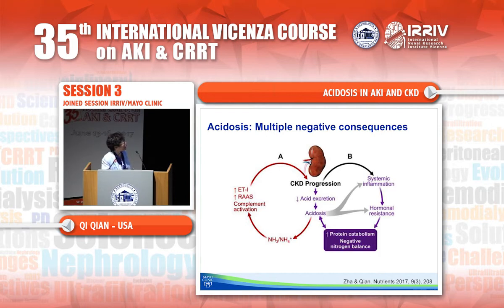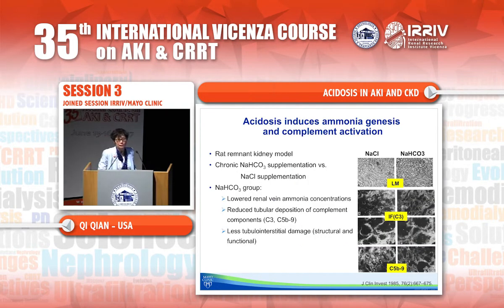Not only promoting CKD progression, but also contributing to multiple hormonal resistance, insulin resistance, growth hormone resistance, and altogether causing increased protein catabolism, negative nitrogen balance, and bone effects that are very prominent, and also beta-2 microglobulin accumulation in CKD.